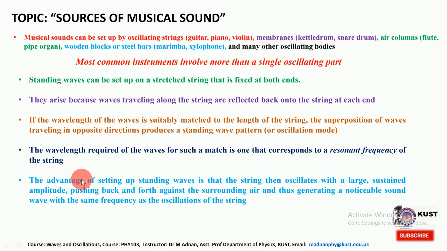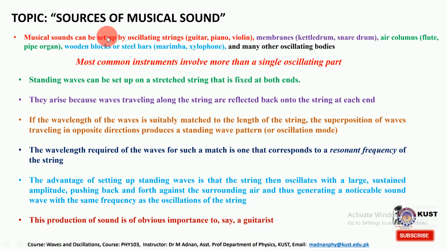Now, the advantage of setting up a standing wave is that the string then oscillates with larger sustained amplitude, pushing back and forth against the surrounding air and thus generating sound waves with the same frequency as the oscillation of the string. This production of sound is of obvious importance to, say, a guitarist.